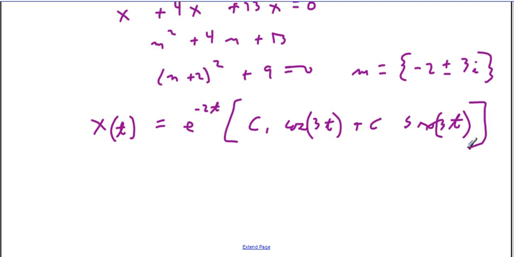Okay, so I've got that. And I have an initial condition that says x at 0 is going to be 3, which implies that c1 has to be 3.